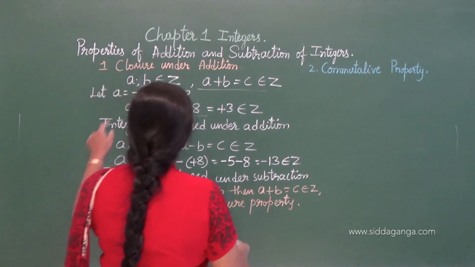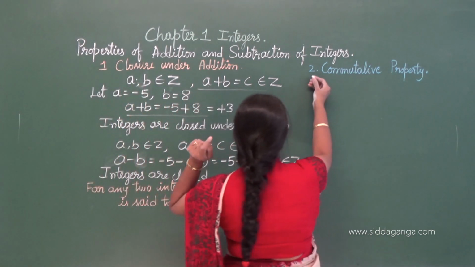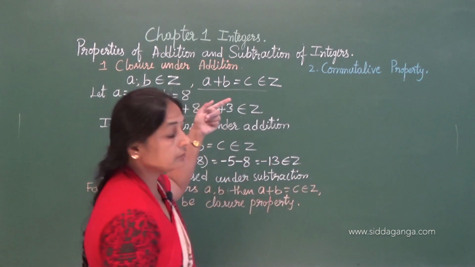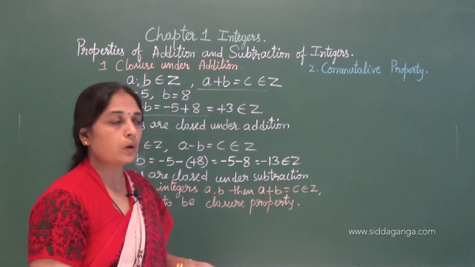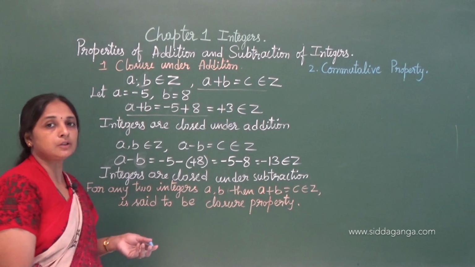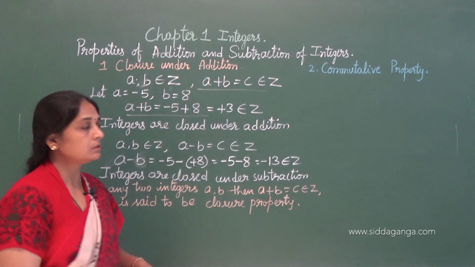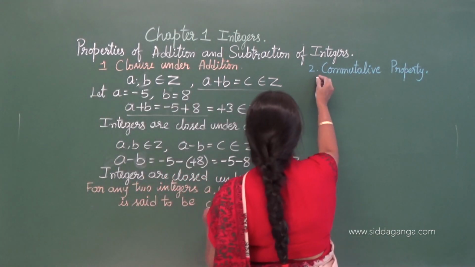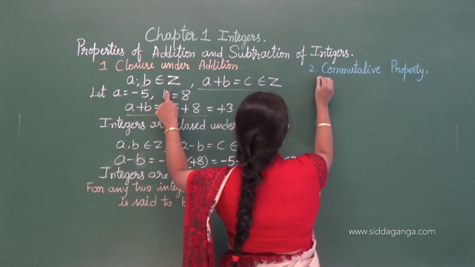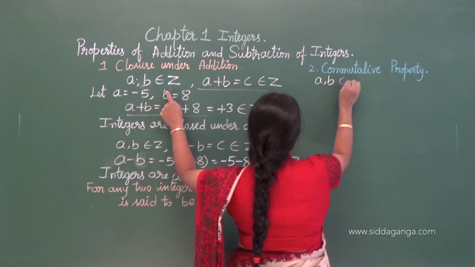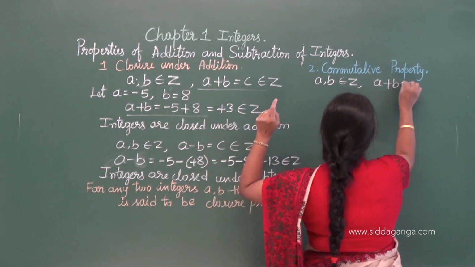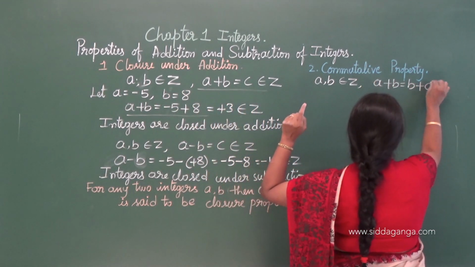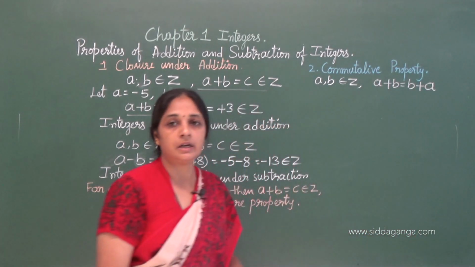For any two integers a comma b belongs to Z, a plus b is equal to b plus a. So this is the condition.